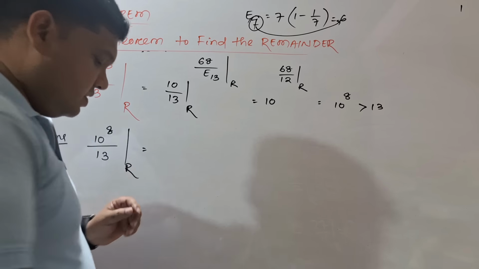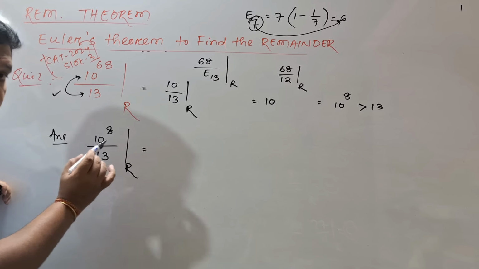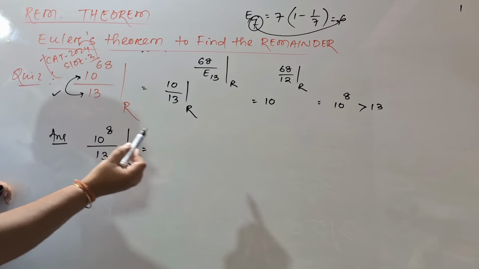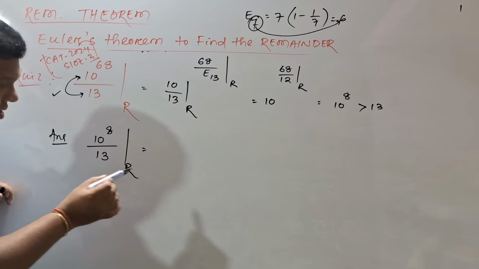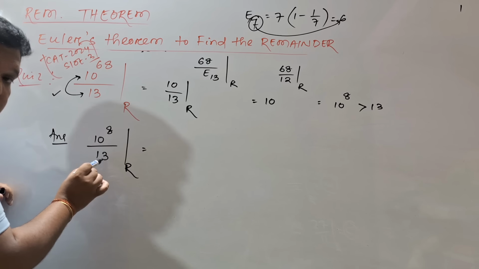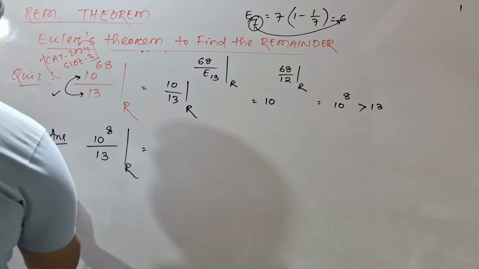So here thought process matters. How to handle? Look here carefully. This is the thought process. Think about powers of 10 which are close to 13 or multiples of 13. Once again, think about powers of 10 which are close to 13 or multiples of 13. This is the thought process.